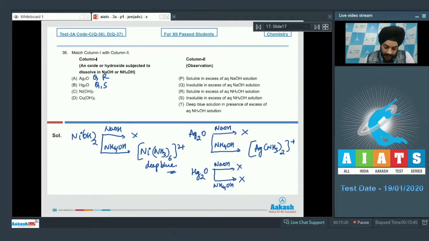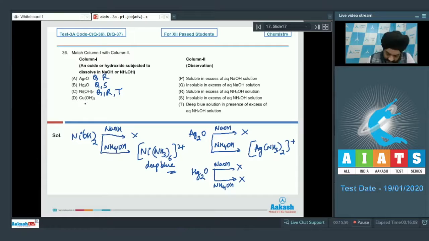Okay. So if we talk about option C, it is insoluble in excess of NaOH, so Q will be a match. R will be a match, that it is soluble in excess of NH4OH. So QR. And if we talk about the last one, it says there is deep blue solution in presence of excess of NH4OH solution. So this will also be a match, students. So C has to be matched with Q, R and T.